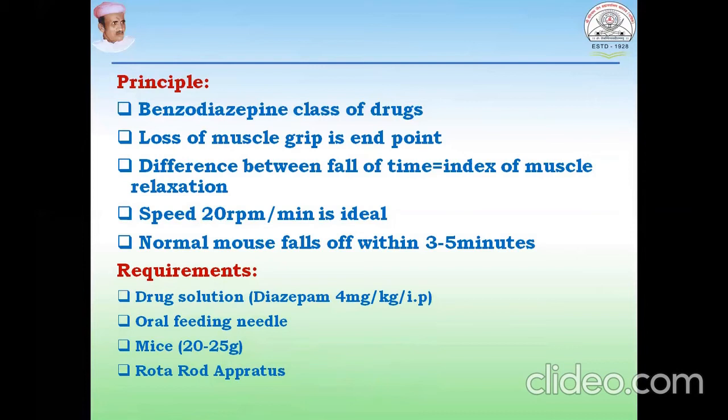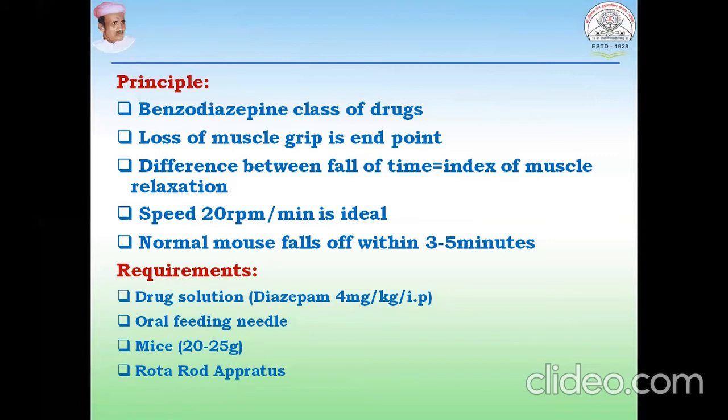If you are testing another drug, for example an unknown drug or herbal drug, you need to administer the drug by the oral route, so you have to keep the oral feeding needle. You require mice of 20 to 25 gram. If you are using rats, you can take rats, and the instrument, that is the rotor rod apparatus.